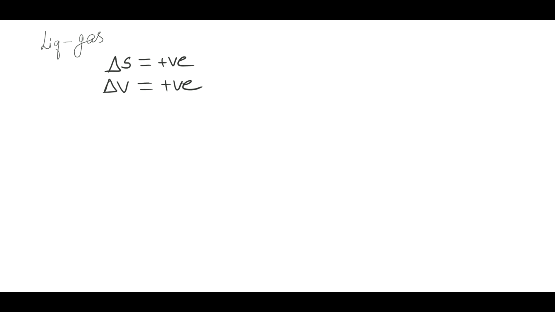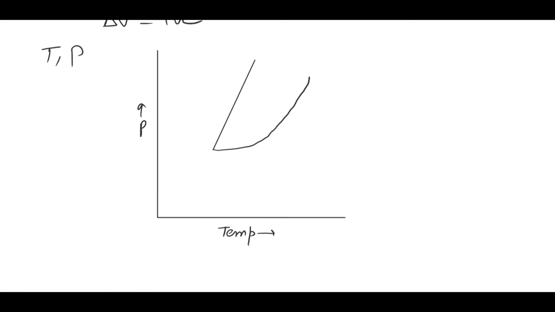Hence, when we plot a graph of temperature and pressure, it shows as follows. As we all know, this line shows the equilibrium between solid phase and liquid phase. This line shows the equilibrium condition between liquid phase and gaseous phase.